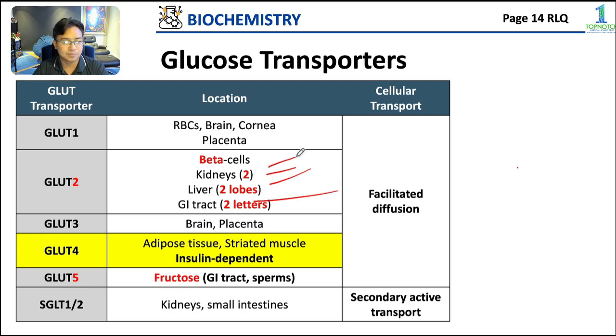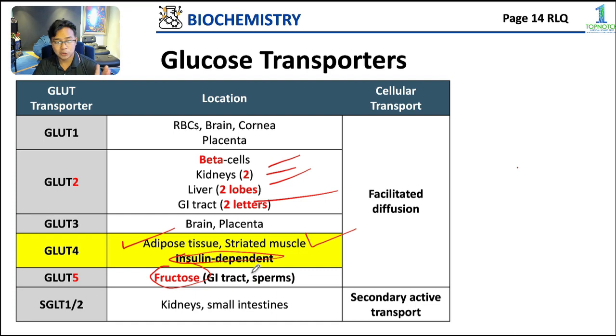So, GLUT2 yan. Tapos, ang ating GLUT4 is the one that is insulin dependent. The rest are insulin independent. And GLUT4 is only found in adipose tissue and striated muscles, which are your cardiac muscles and skeletal muscles. GLUT5, 5 for fructose. Okay?